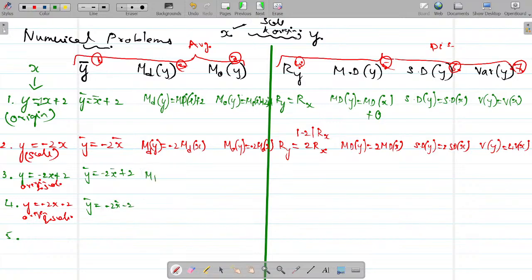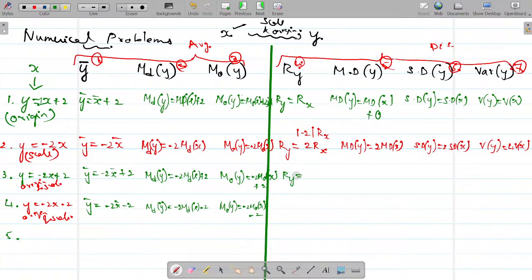It's quite simple. Median of y will be minus 2 median of x plus 2, and here median of y is minus 2 median of x minus 2. Here, mode of y is minus 2 mode of x plus 2. Here, mode of y is minus 2 mode of x minus 2. Okay.